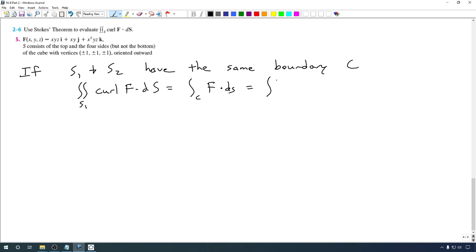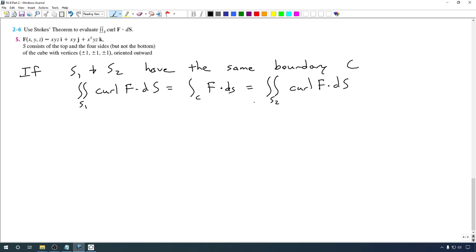But Stokes' theorem also says that we can integrate the curl over the other surface, S2, and it's also going to equal that line integral. These two integrals of the curl are equal to each other.